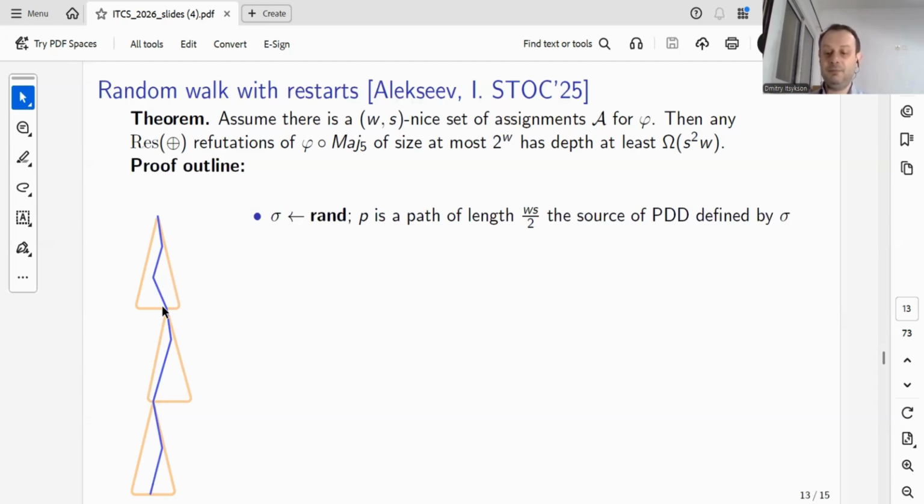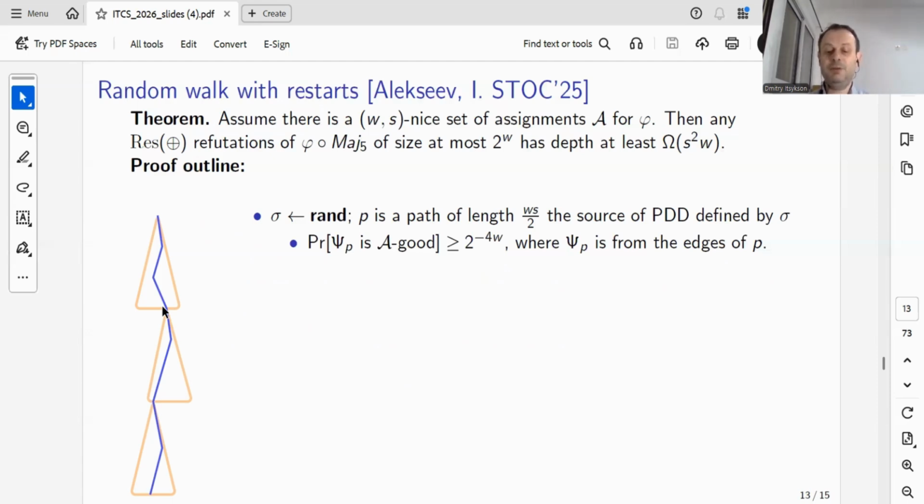Let psi P denote the linear system written on the edges of P. I claim that psi P is A-good with probability at least 2 to the minus 4 times W. I will not give a formal proof of this step, and I will try to explain it. During the path, the size of the closure of psi P increases from 0 to WS over 2.